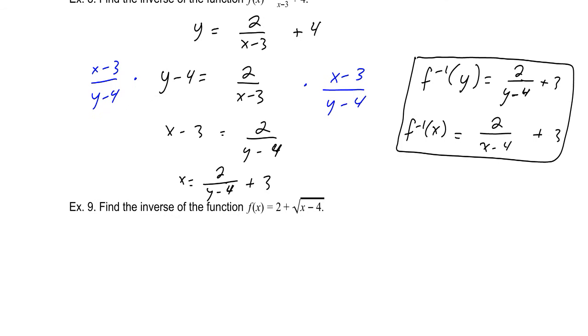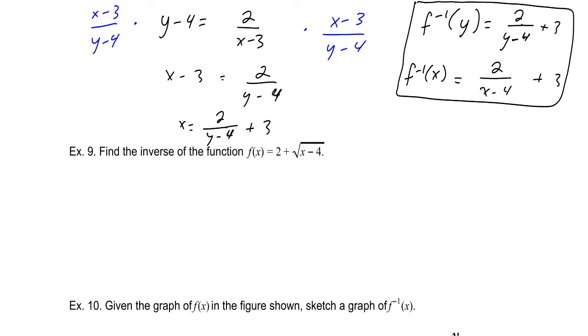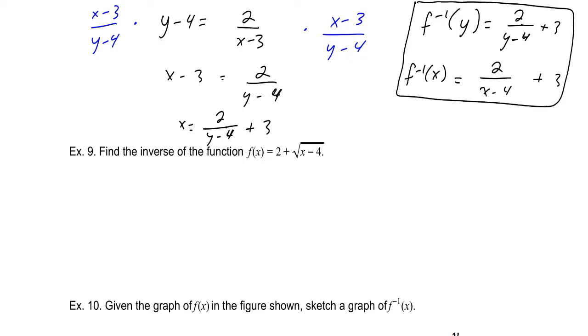Number 9, same idea, find the inverse. So we'll say y equals 2 plus the square root of x minus 4. Subtracting 2 from both sides, y minus 2 equals the square root of x minus 4.